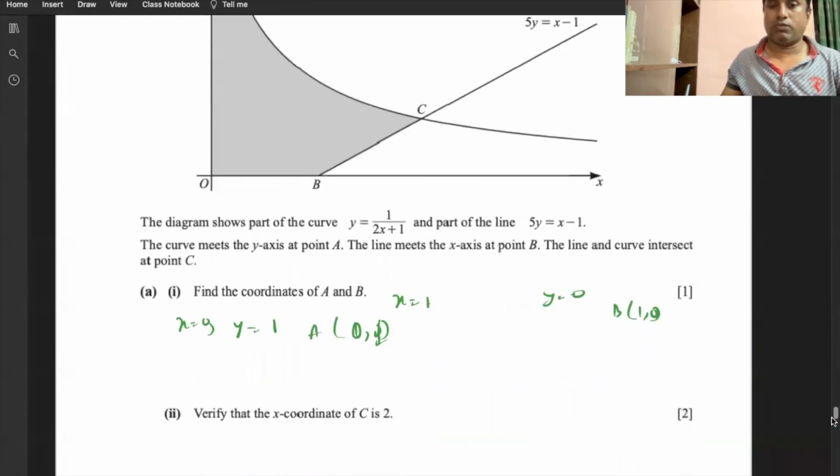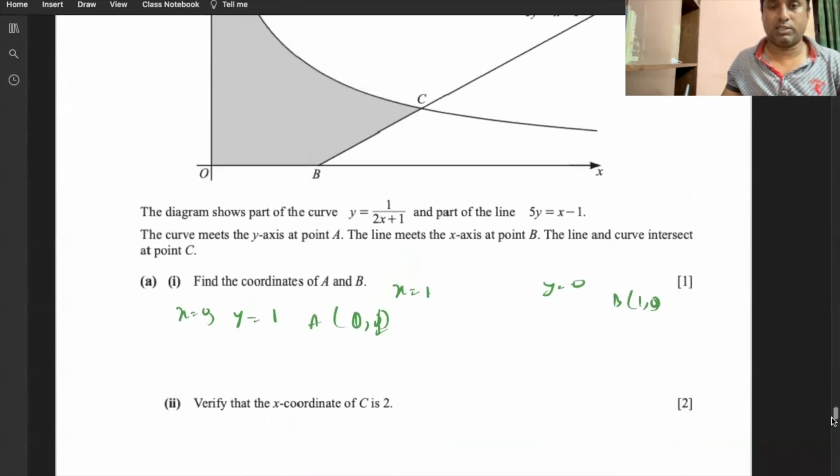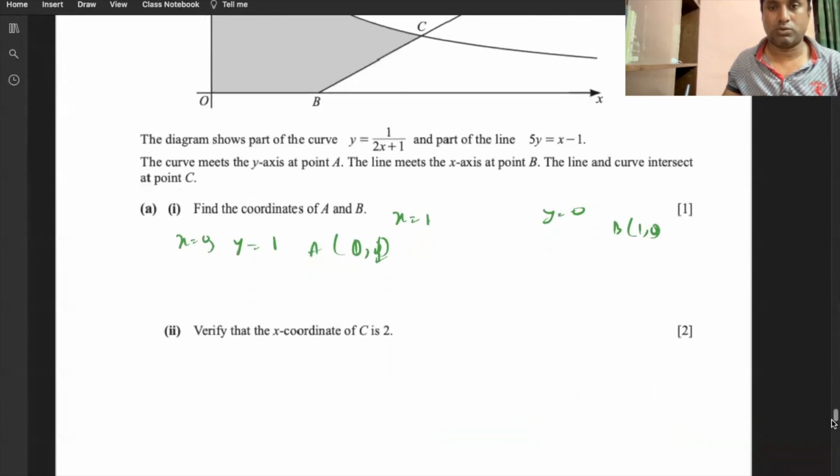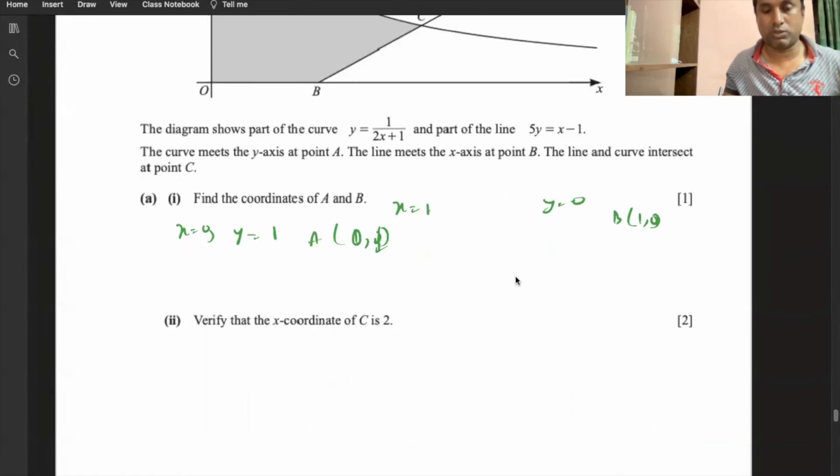Now we need to verify that C has x coordinate 2.